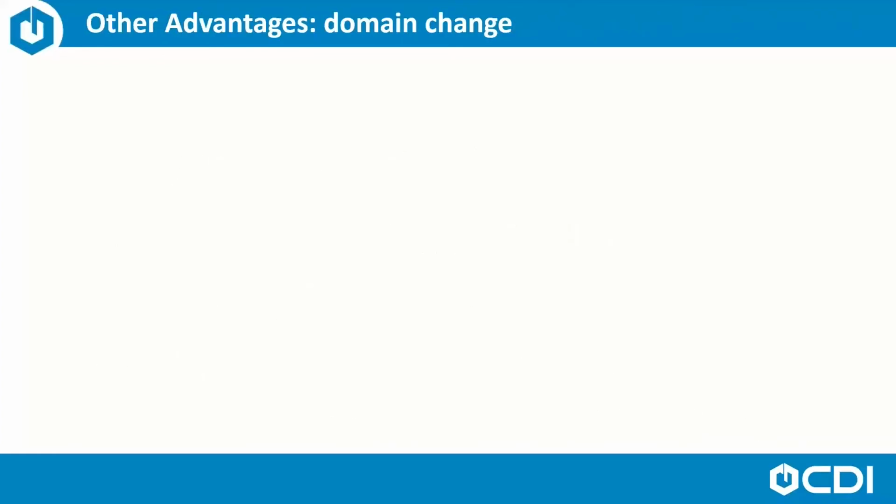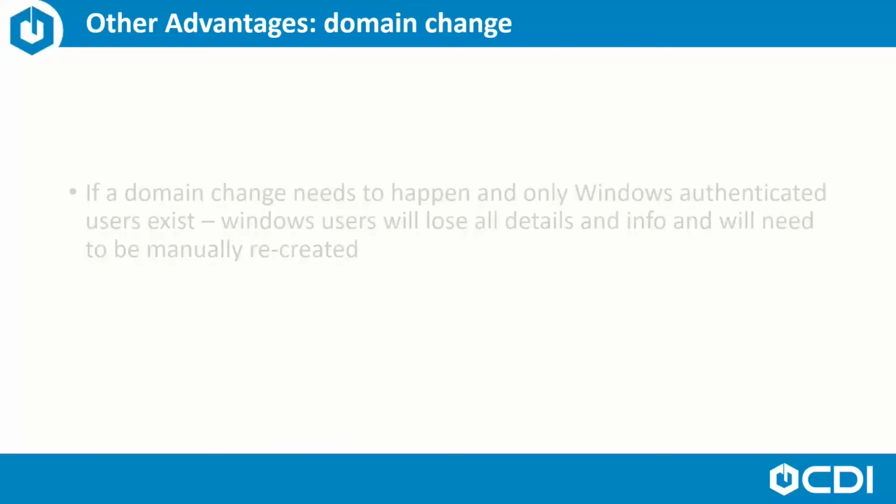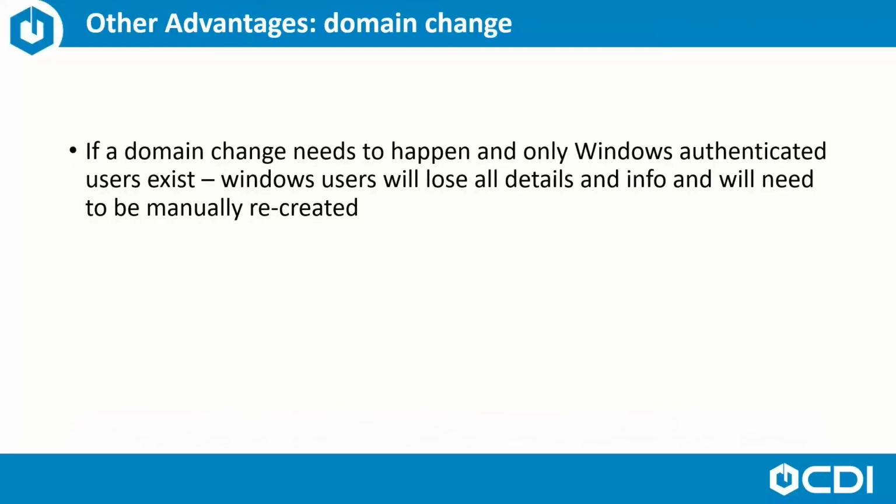So what are some other advantages to using SAML? Well, if a domain change needs to happen, let's say we're doing a server move, and only Windows authenticated users exist, in that scenario, Windows users would lose all details and info and would need to be manually recreated.